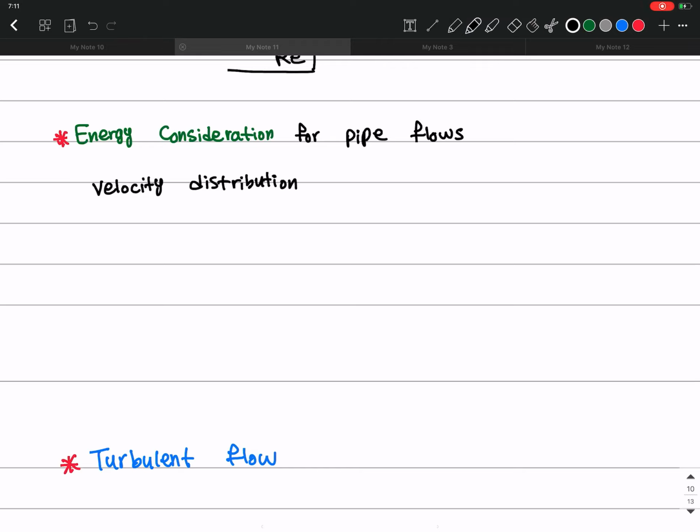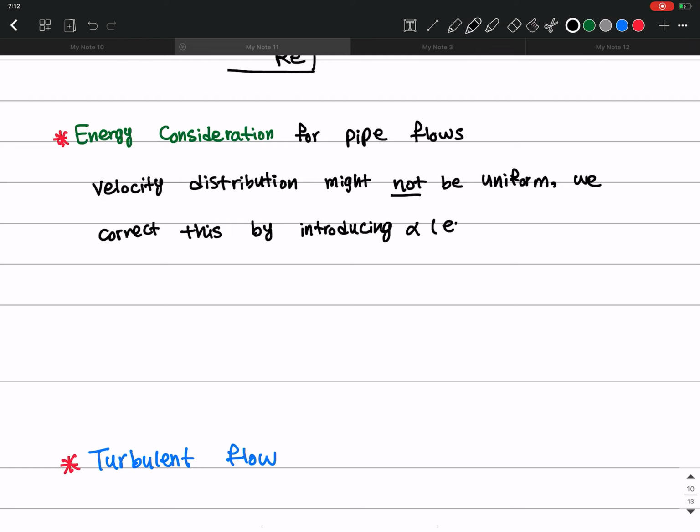But in reality, especially in engineering problems, we need to be more careful because velocity distribution might not be uniform, and we correct this non-uniform distribution by introducing alpha, which is the energy coefficient.